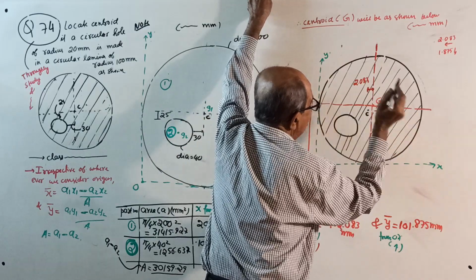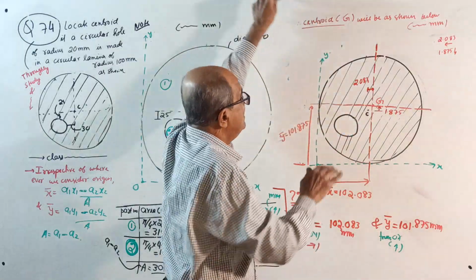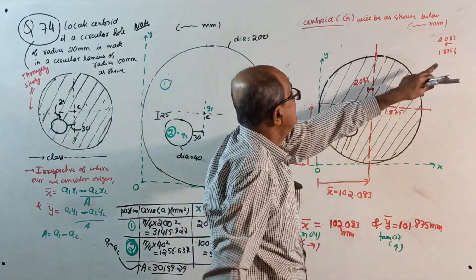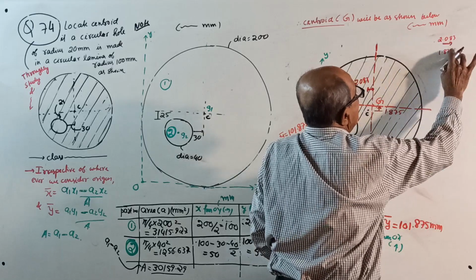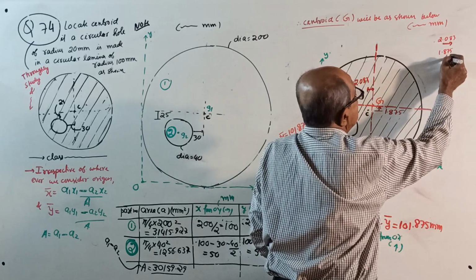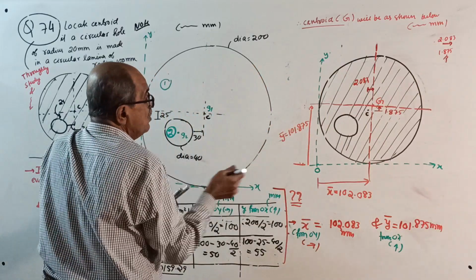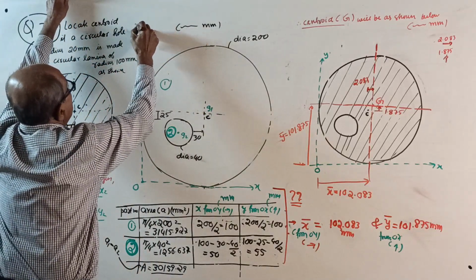So we got centroid with respect to center: right side and upward by these two numbers. I will write here, we got right side here and upwards here. Okay, done. Now, everything over, make a note. Once again, same note you make once again.